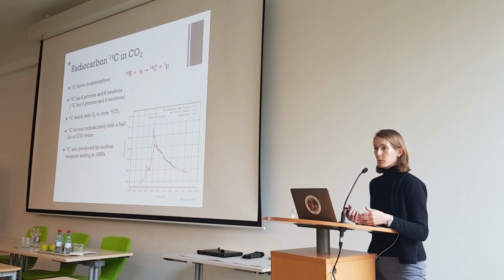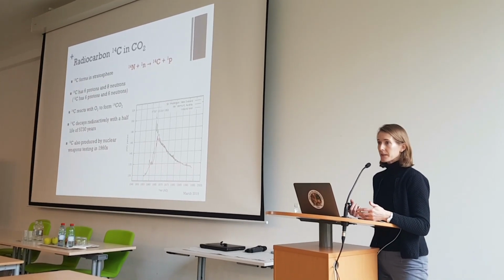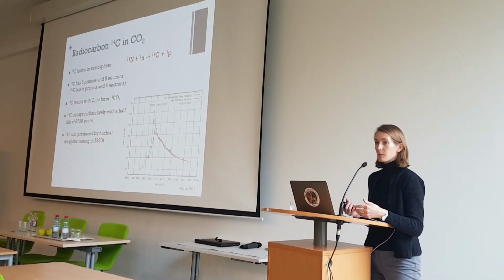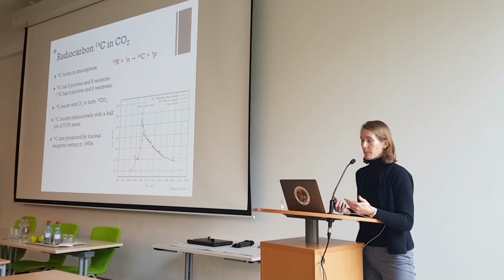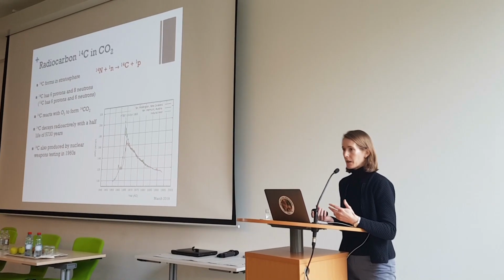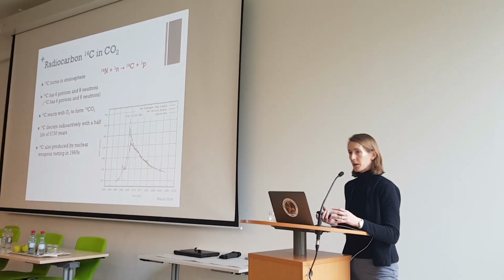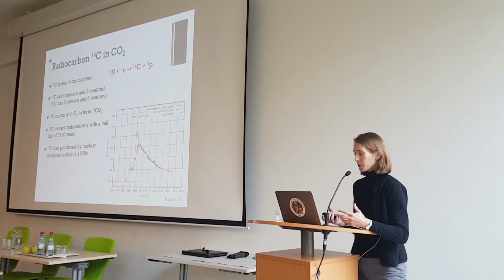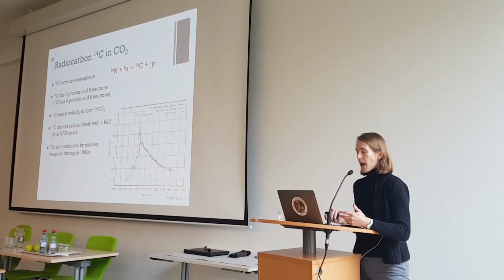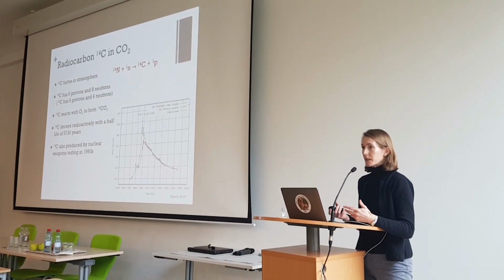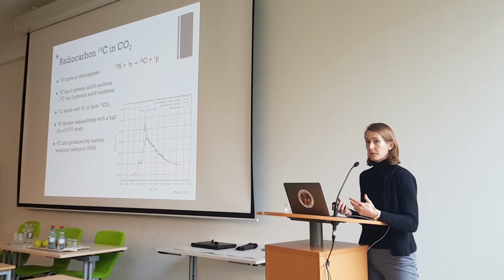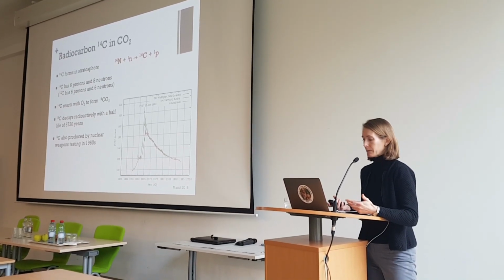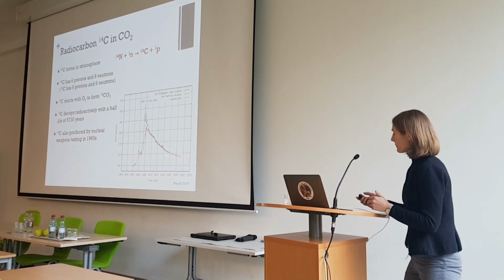But you can also have a form of carbon which has 8 neutrons, and we call this carbon-14. Carbon-14 is formed in the upper atmosphere by a reaction of nitrogen-14 with a neutron, and it produces carbon-14 plus 1 proton. Carbon-14 is radioactive, and it will decay with a half-life of approximately 5,700 years. We can see it in the atmosphere in this figure.